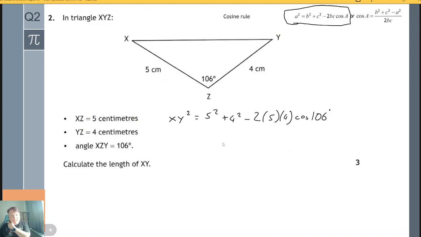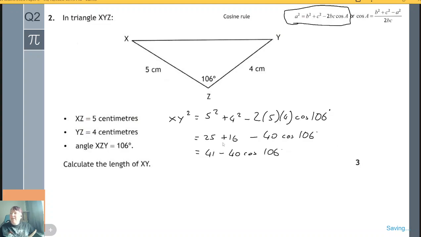Remember, this is the one where your calculator can show different results when you enter what feels like almost identical things. So be careful here. I would work out all the numbers you can before you stick it in your calculator. So we've got 25 plus 16 minus 2 times 5 is 10 times 4, so that's 40. 25 plus 16 is 41, 41 minus 40 cos 106.